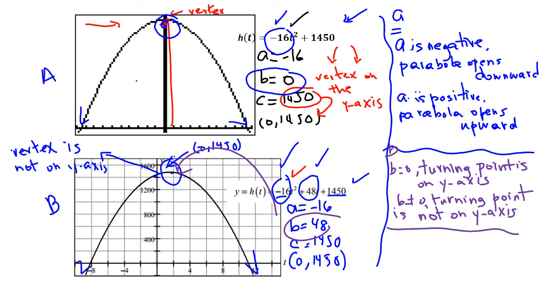Now the last thing is C. What can we say about C, and what does C tell me about the graph? Well, we all know that the C value represents the y in the y-intercept. So (0, C) is the y-intercept in the graph.